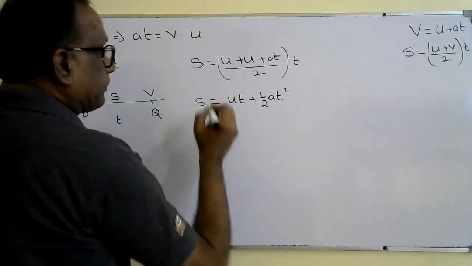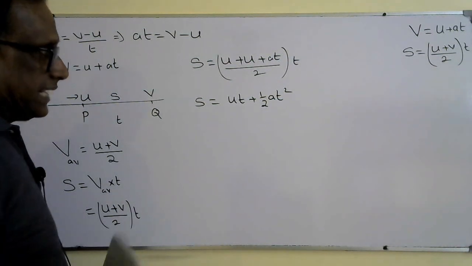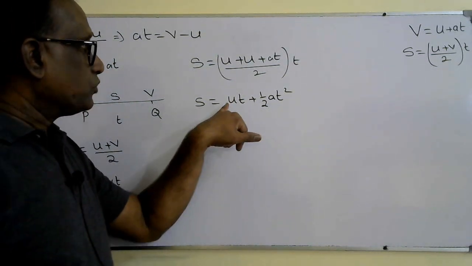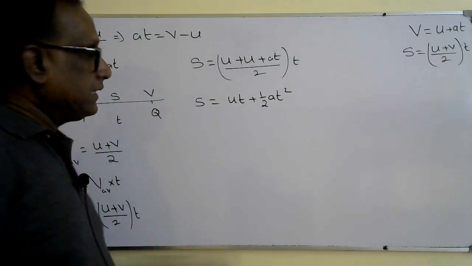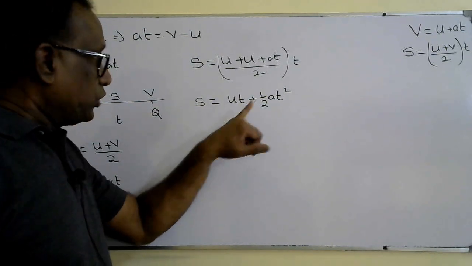So how to interpret this equation? The meaning of this is, when t equals 0, initially the velocity is u, and at that moment there is no displacement. Later, at time t, we have the displacement during the time t.